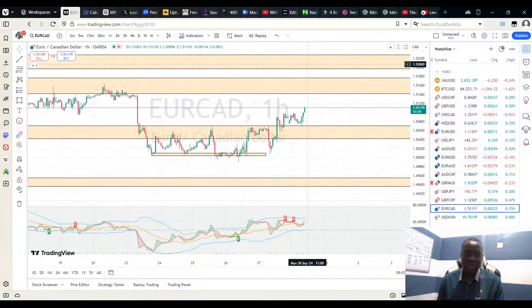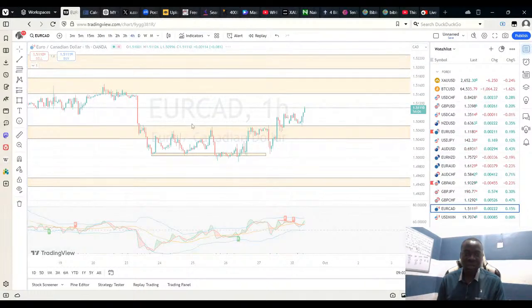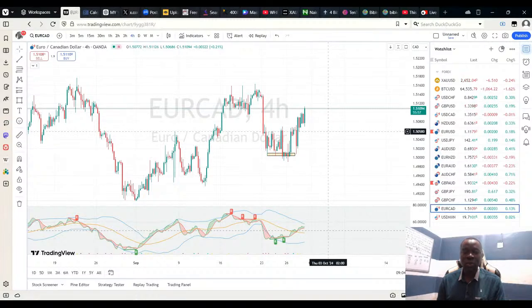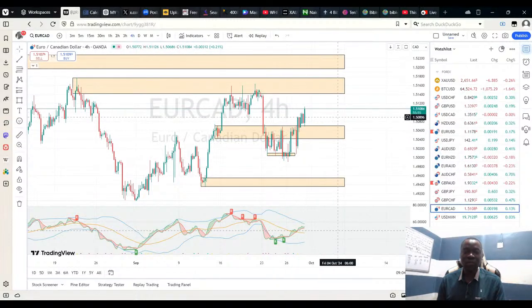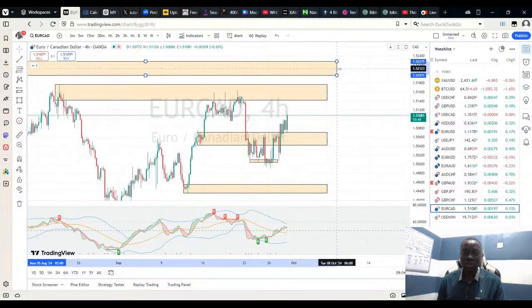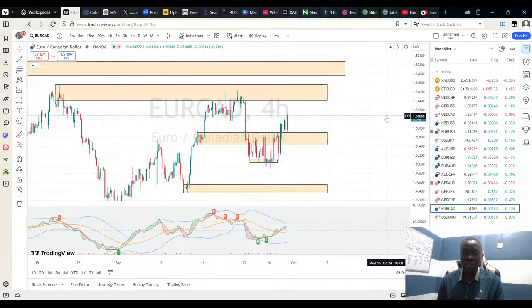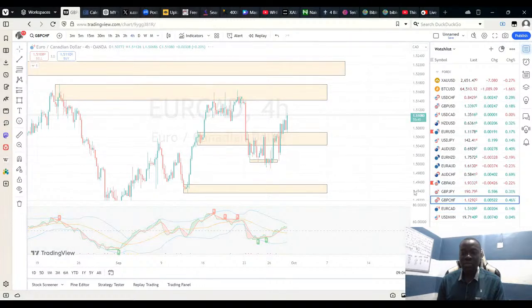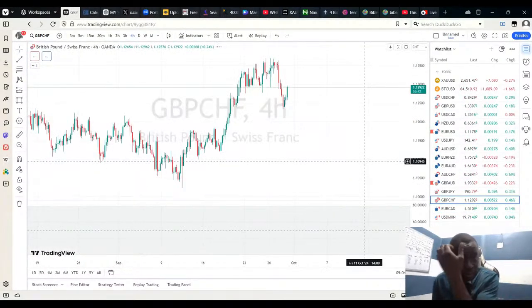Those are the market maker footprint regions we are expecting Euro card to get to. So far, so good. We are still looking for more push to the top on Euro card, and we are expecting it to get to this region, which is 1.5220.